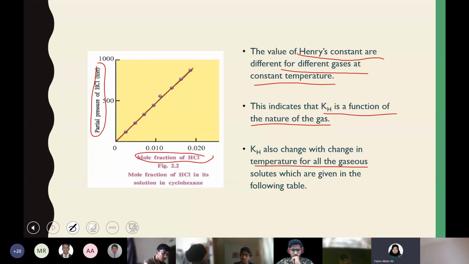If you want to prove whether dissolving carbon dioxide in water satisfies Henry's law, you find the mole fraction and partial pressure at different values through an experiment and plot a graph. If you get a straight line passing through the origin, that shows partial pressure is directly proportional to mole fraction, which means Henry's law is valid for this system.